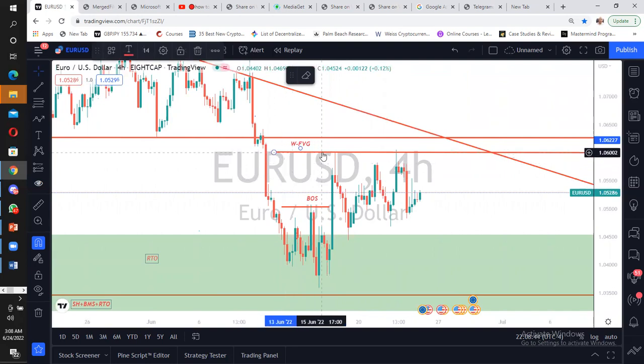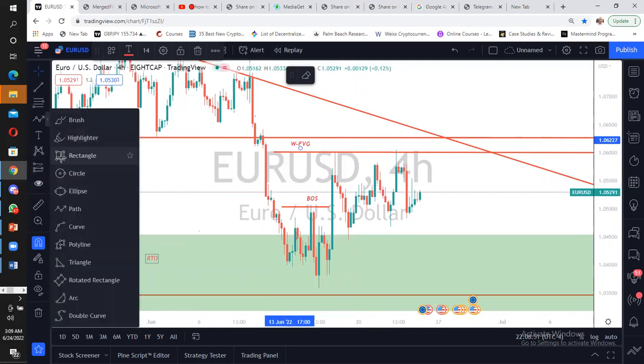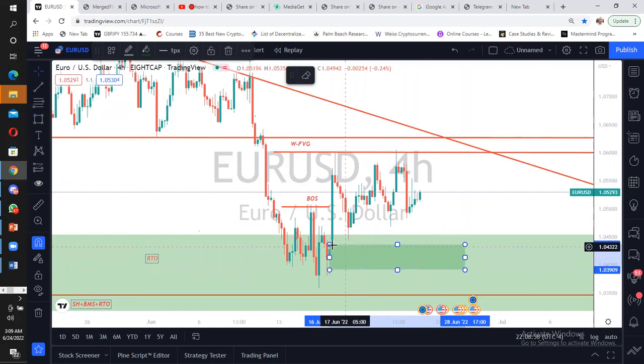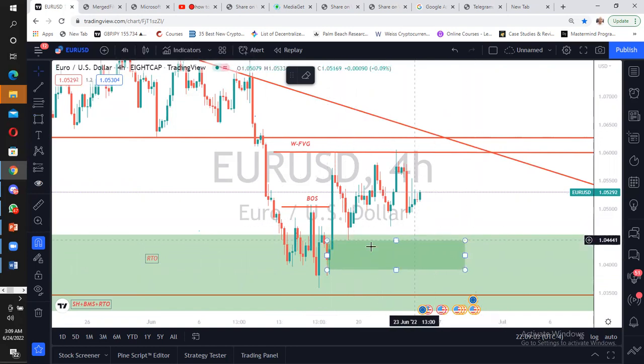Filled it and came back down, got mitigated by this other block. Here is also an FVG to show this block is strong. It got mitigated by this block and up.